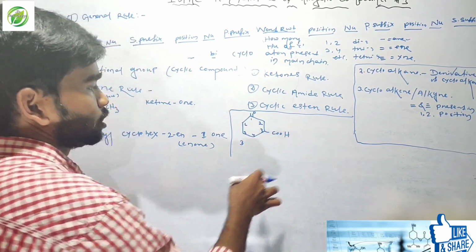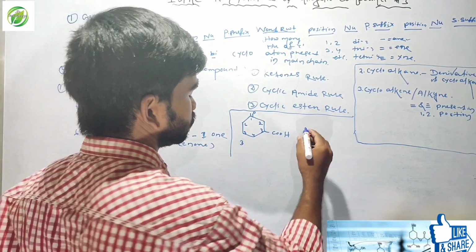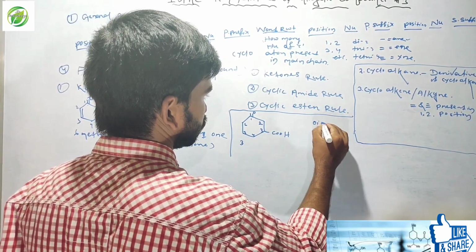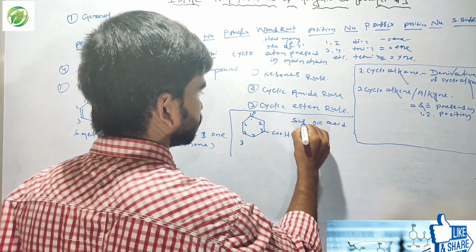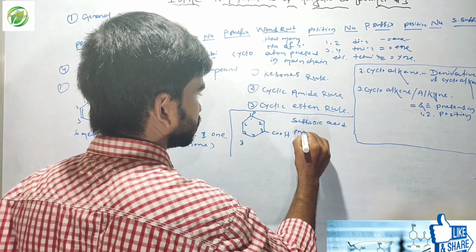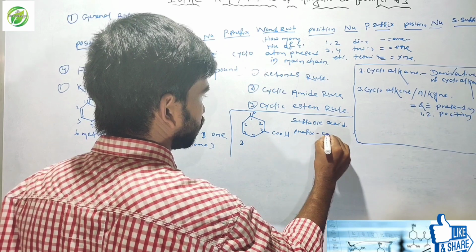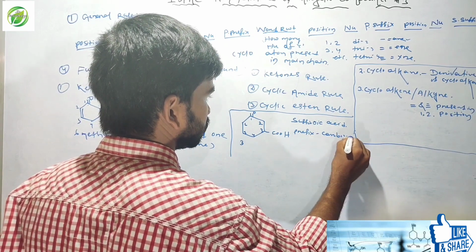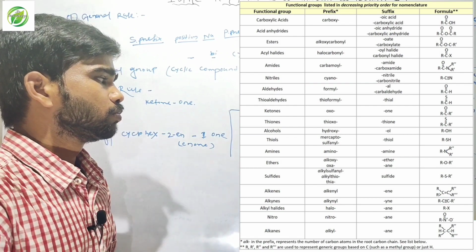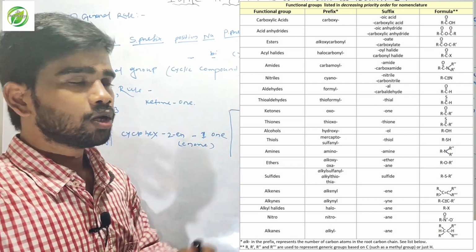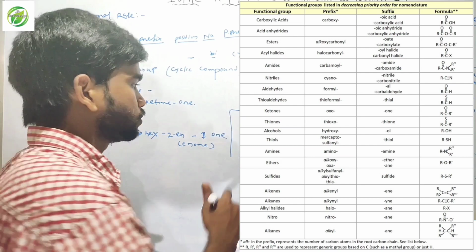for carboxylic acid we use oic acid. This is the suffix, and the prefix is carboxy. You clearly see in this picture. Friends, please pause this video and write down all.